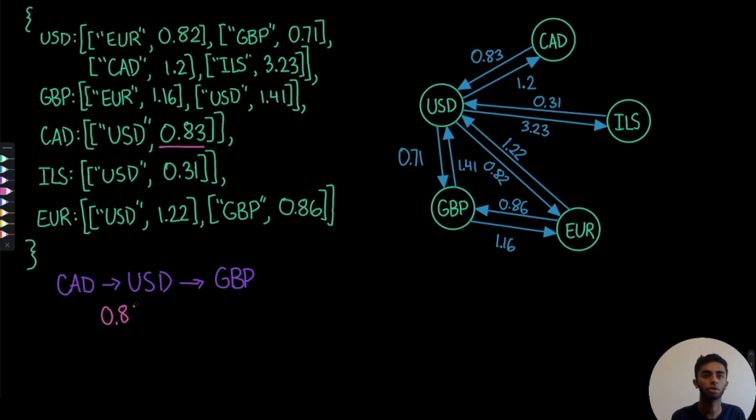And then to go from US dollars to the pound, you can see that the value from right here is 0.71. So right here, we're doing 0.71. And I will just quickly make sure I don't mess this up. So if we do 0.83 times 0.71, that gives us 0.59 if we round to 2 decimal places.